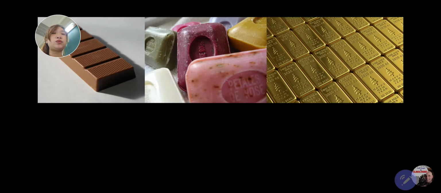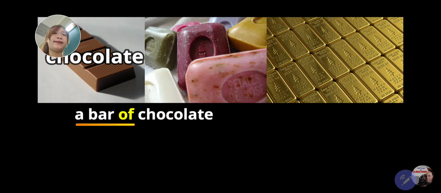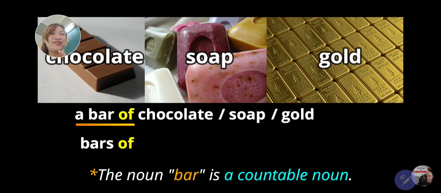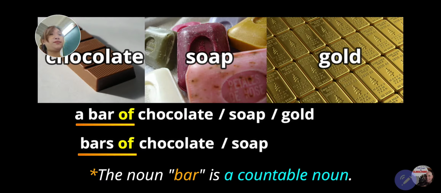Another very popular measure word is bar. And we use bars to count things like chocolate. We can say a bar of chocolate, or a bar of soap, or a bar of gold. And if there's more than one, we say bars. Bars of chocolate, bars of soap, or bars of gold, if you're lucky.